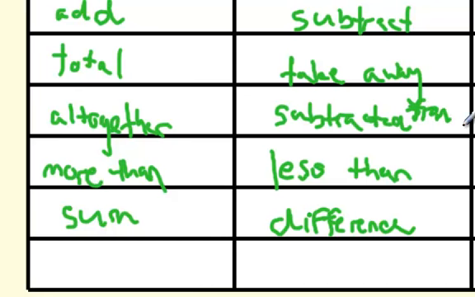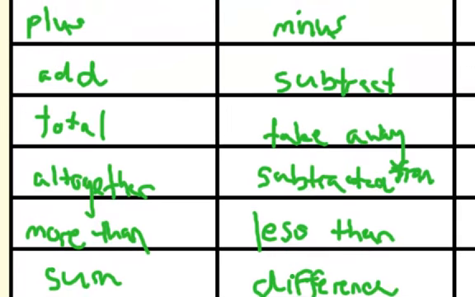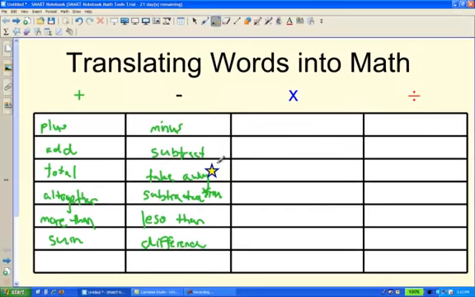So with subtracted from and take away and less than, those are a little bit trickier to understand because, and I'm actually going to put a little star next to these ones. These ones, you're going to have to change up the order, and we'll go over some problems in a second, but think about real life. If I said, what's 6 less than 12? Well, all you're doing is doing 12 minus 6, which is 6.